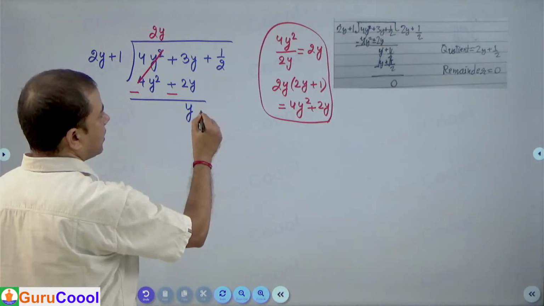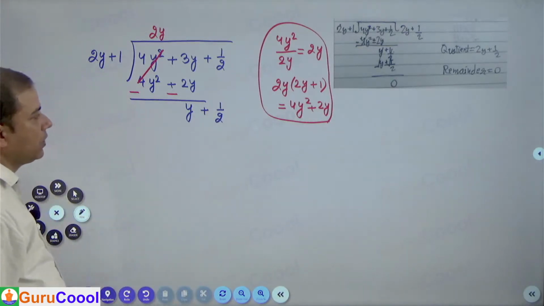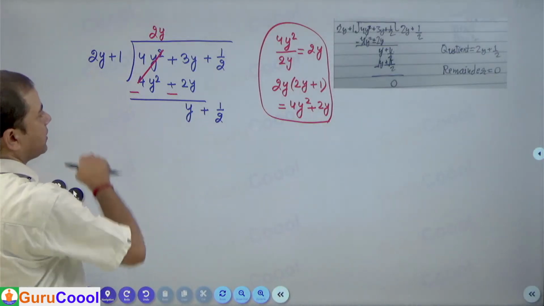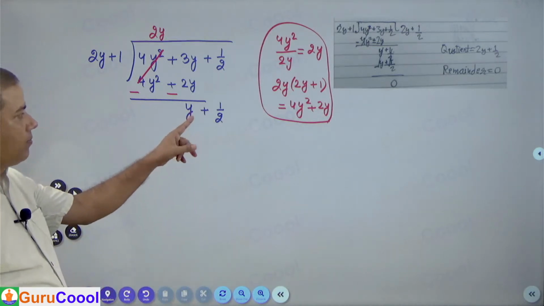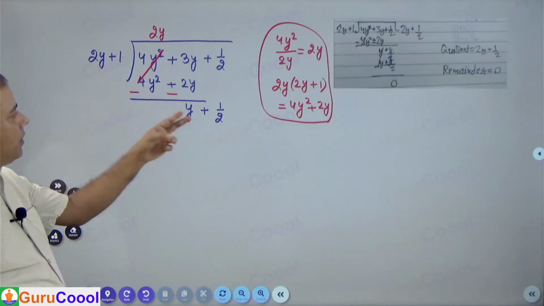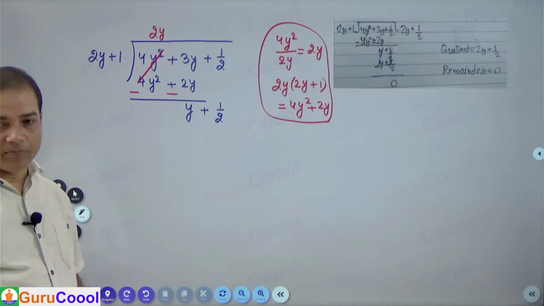And plus half comes from the top. Again the same process will go on. This is our new dividend. This is divisor. Degree is same. It has degree 1. This also has degree 1. Degree is same. That means do we have to divide or do we have to stop?